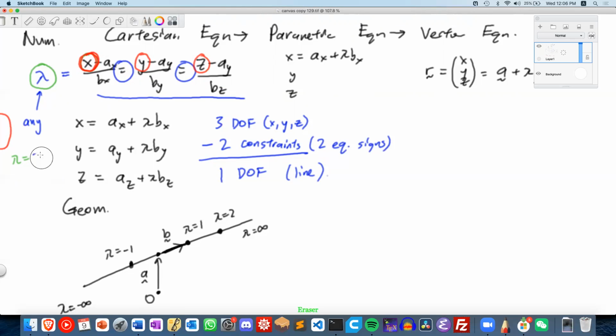But for any particular value of lambda that we choose, once we make a choice for lambda, x, y, and z is automatically determined, so the choice of lambda corresponds to fixing a point in space. So the degree of freedom has now moved away from one of the x, y, and z coordinates to this parameter lambda. That is what we are doing when we are setting the Cartesian equation equal to lambda.